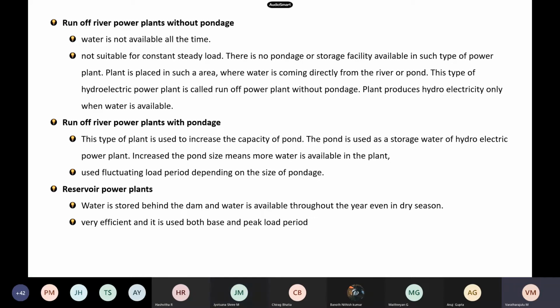The run-of-river plants without pondage and with pondage, and the reservoir power plants have to be discussed. These contents are available, and we are going to disseminate these materials once the unit is over. You go ahead with these contents and prepare with the aid of the presentation. Collect this information and try to read it out.